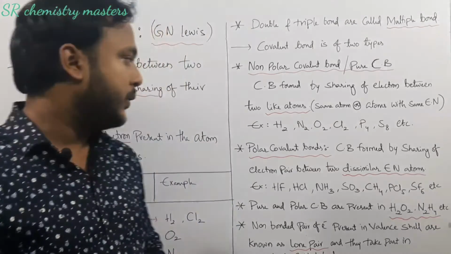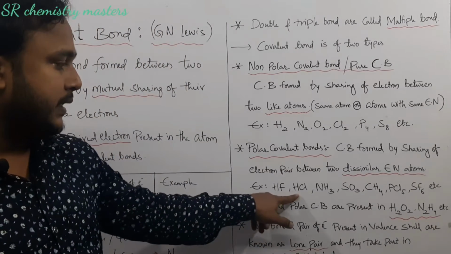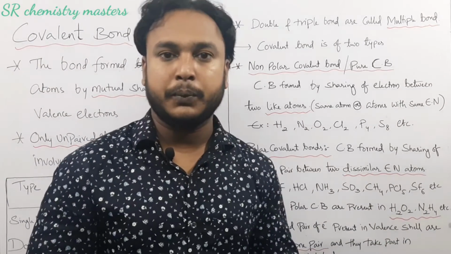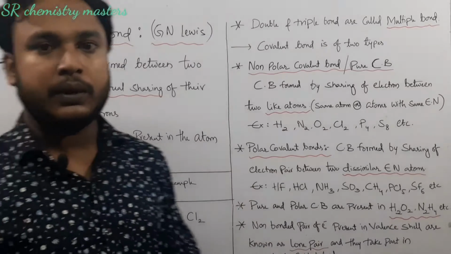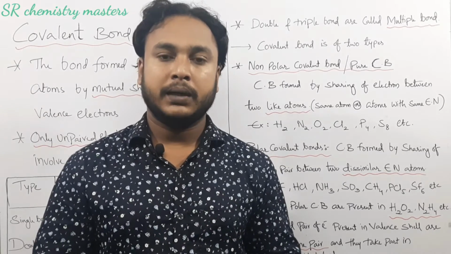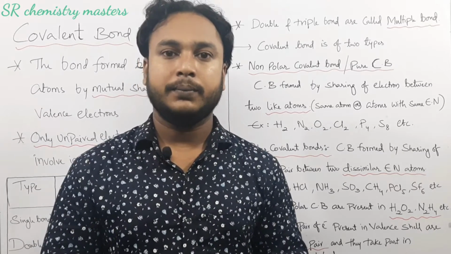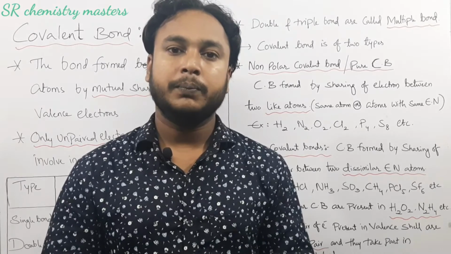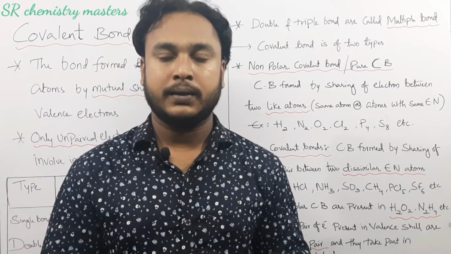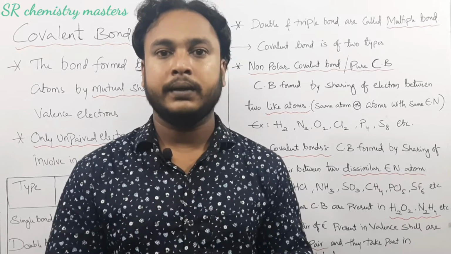Examples for polar covalent bonds are HF, HCl, NH3, SO3 etc. Remember, polar covalent bond is also a covalent bond, but because of the electronegativity difference between the atoms, the electron pair shifts towards the atom which has the higher electronegativity value.